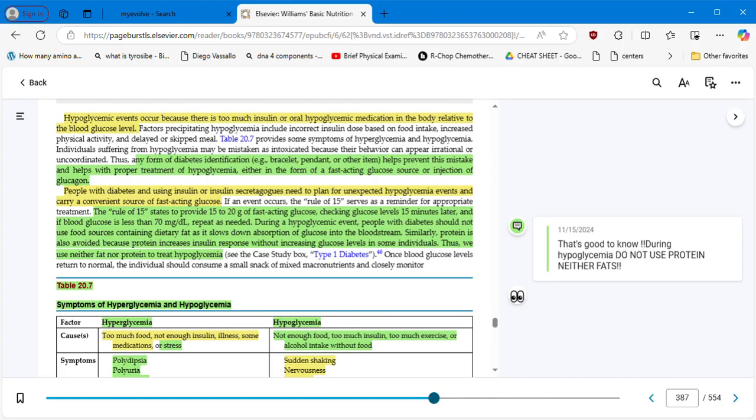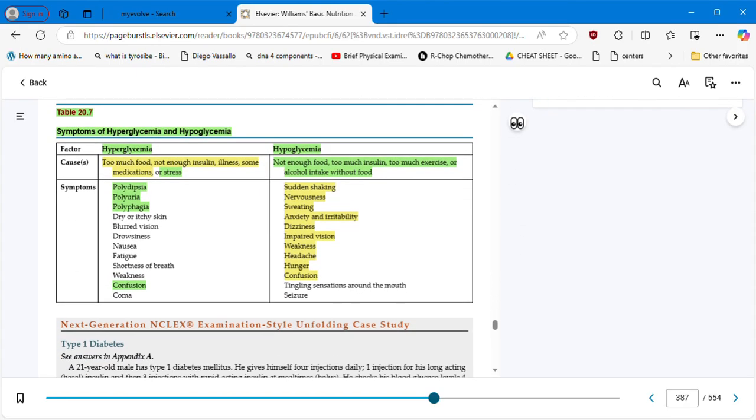And then symptoms of hyperglycemia and hypoglycemia. I love this table. So the cause, for example, is too much food, not enough insulin, illness, some medications, or stress. Those are going to be the causes of hyperglycemia. Again, too much food.